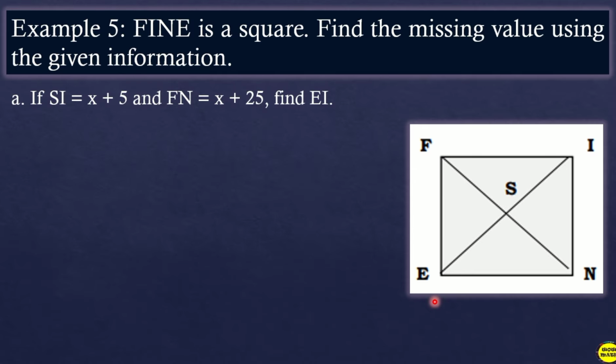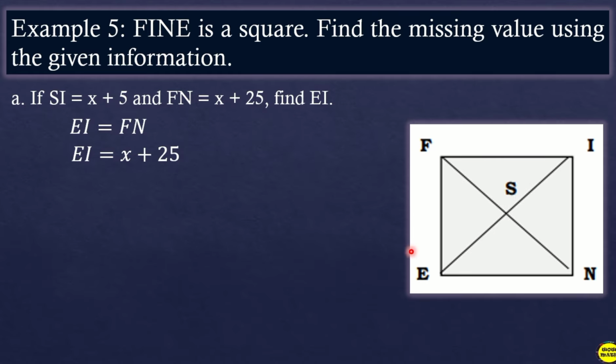Since ang given natin is SI, makukuha natin si EI. Kasi si EI class ay equal kay FN. Tama? Kasi yung diagonal FN natin equal sa diagonal EI. So we can say EI is equal to FN. So therefore, EI is equal to x plus 25. Kasi sabi na equal daw sila.